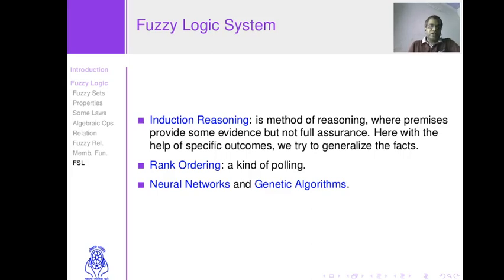You assign the third ranking to the opinion of the person who is the owner of multiple cars, and you assign the last ranking to the opinion of the person who is the owner of a single car. So based on the abilities, based on the expertise of the different persons, you rank their opinions and then you draw some conclusion. This method is known as rank ordering, and it is a kind of polling.